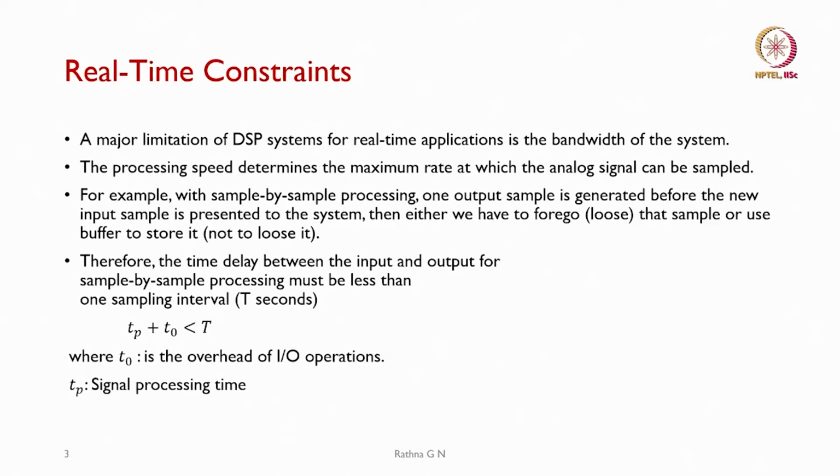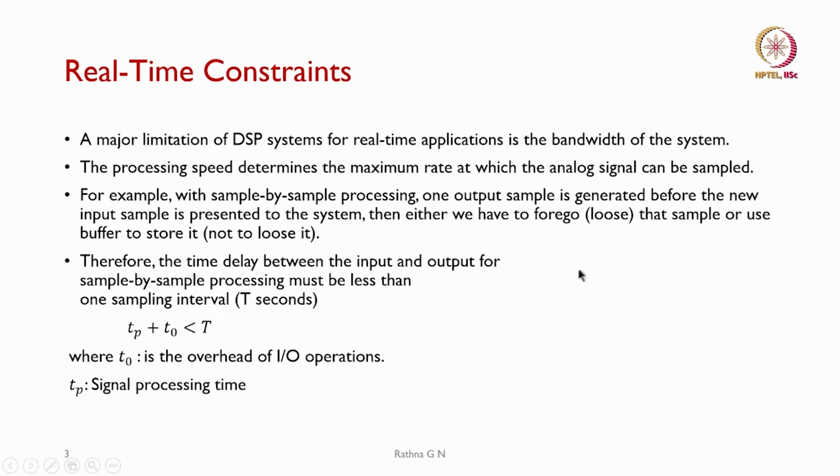The major limitation of DSP systems for real time applications is the bandwidth of the system. So, the processing speed determines the maximum rate at which the analog signal can be sampled.